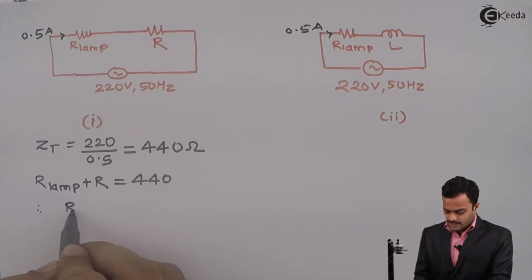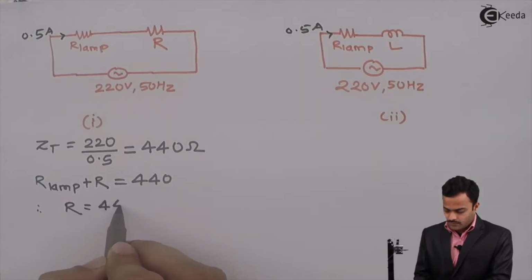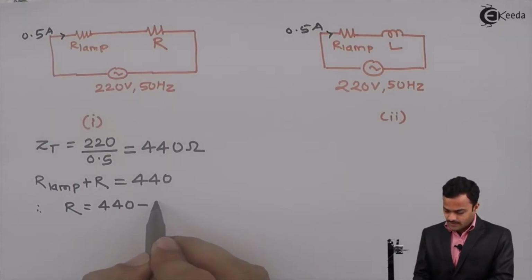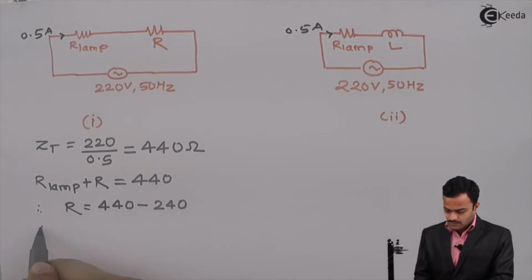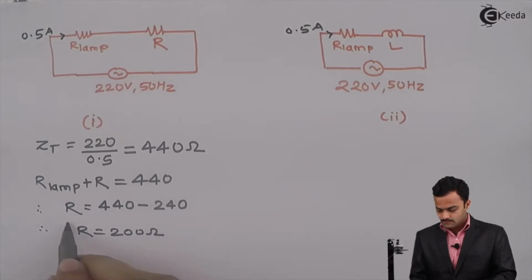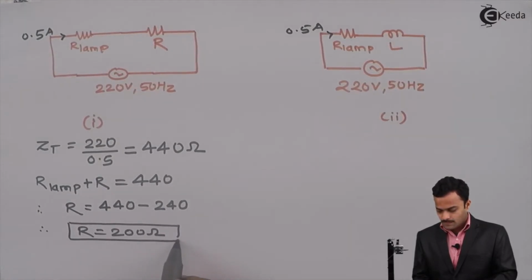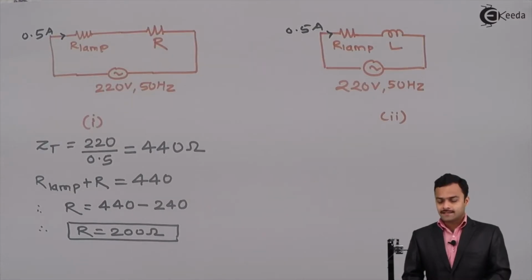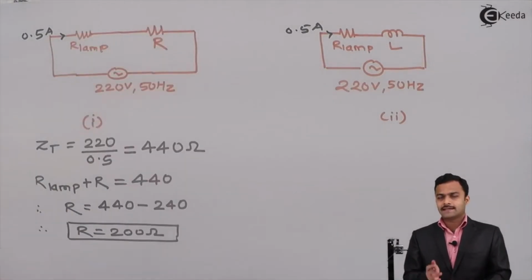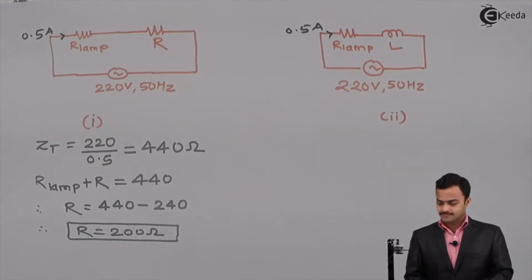From this I can get R as 440 minus R lamp, which we calculated as 240. So the external resistance I am getting is 200 ohm. Meaning if I connect this much value of resistance in series with the lamp, I can get the desired result.